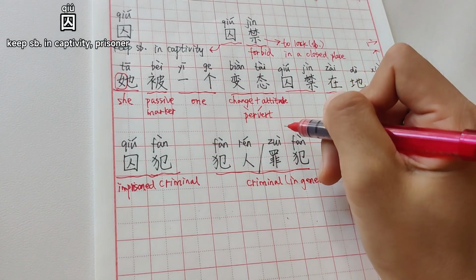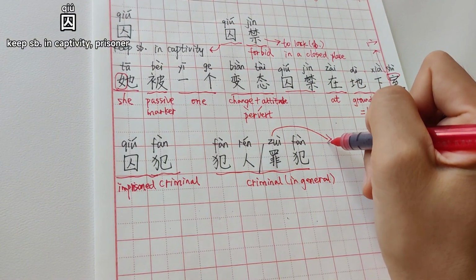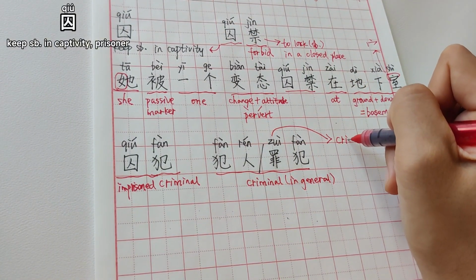Okay, just a little bit of extra knowledge: 罪 could mean crime.